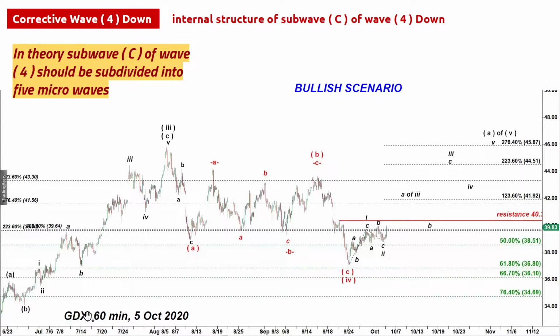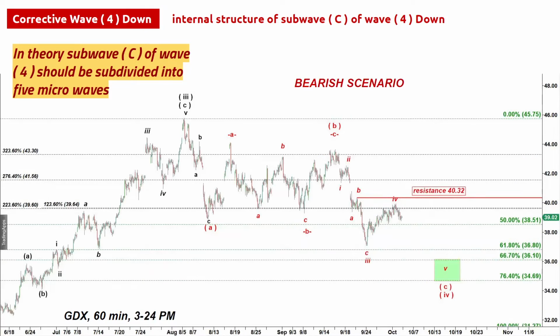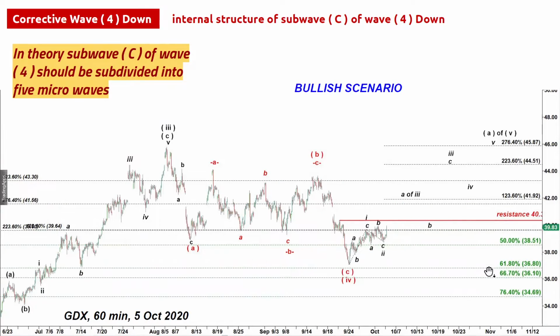So here you can see the GDX 60-minute chart made on October 5th, 2020. Again, under the theory, that bearish scenario looked much more probable. But as I've discussed, if we took into account the retracement ratios, it became not that probable.